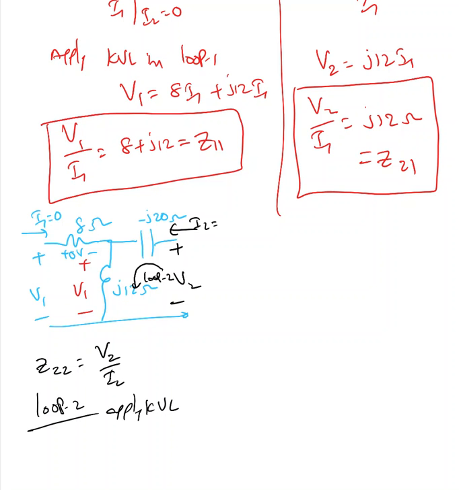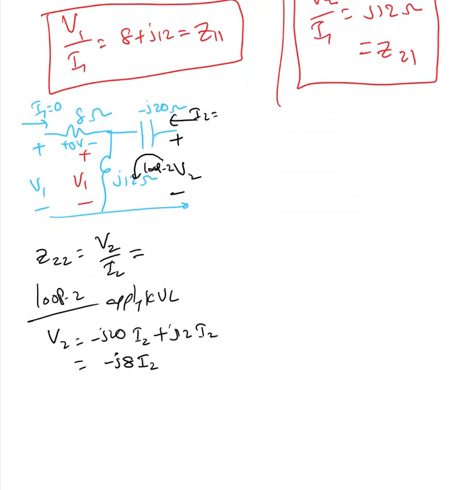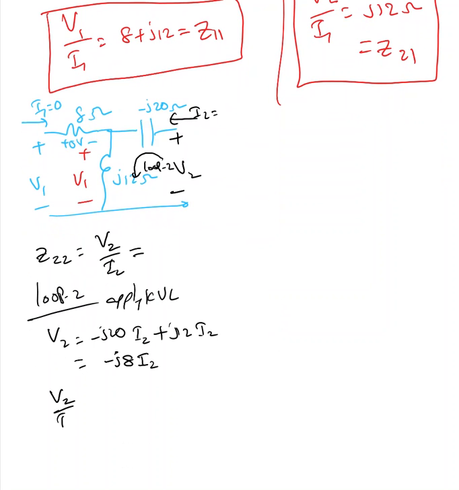So V2 equals minus J20 I2 plus J12 I2, ending up with minus J8 I2. So Z22 equals V2 over I2, which equals minus J8 ohms. That is my Z22.